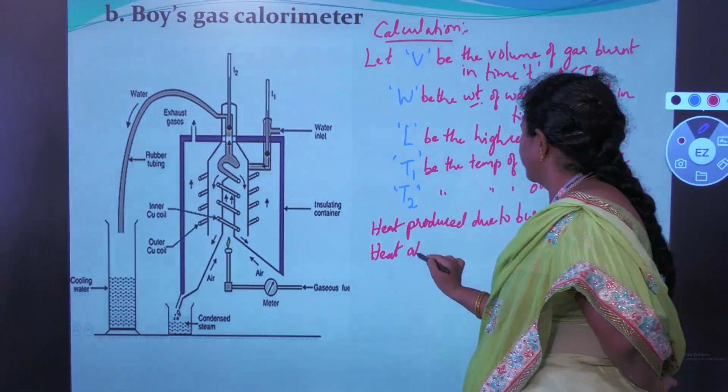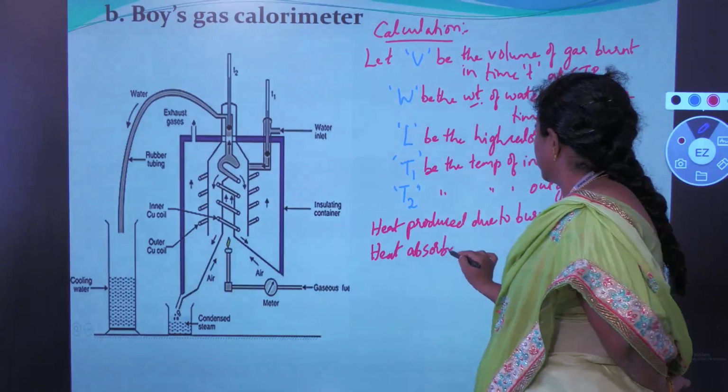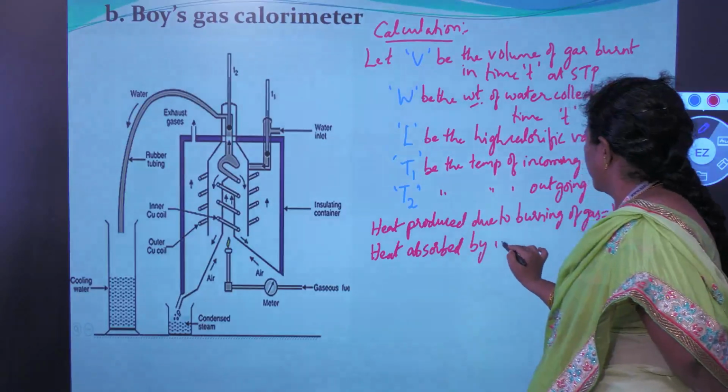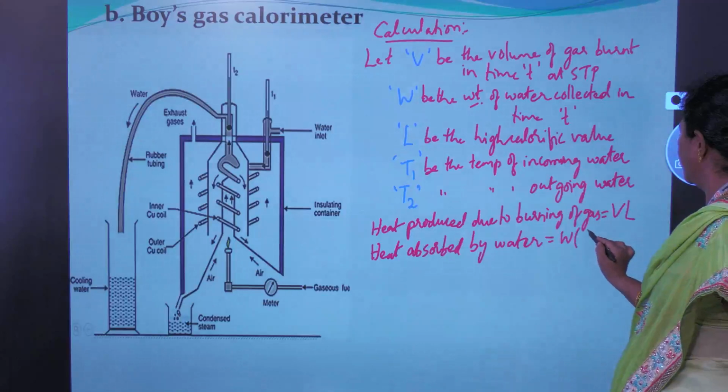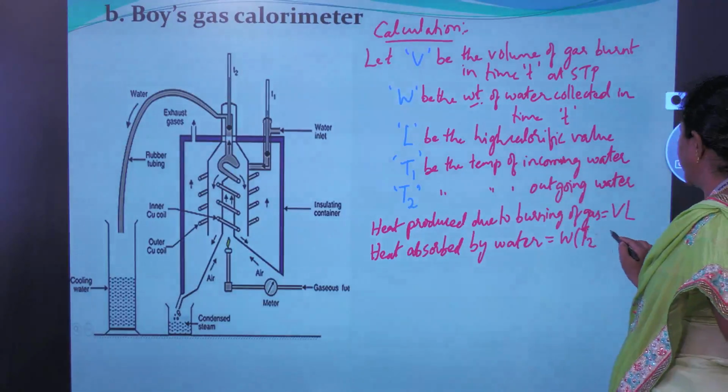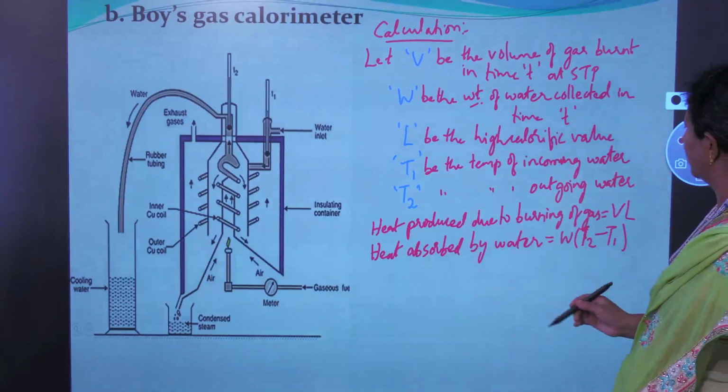Heat absorbed by water is equal to W into (T2 minus T1).